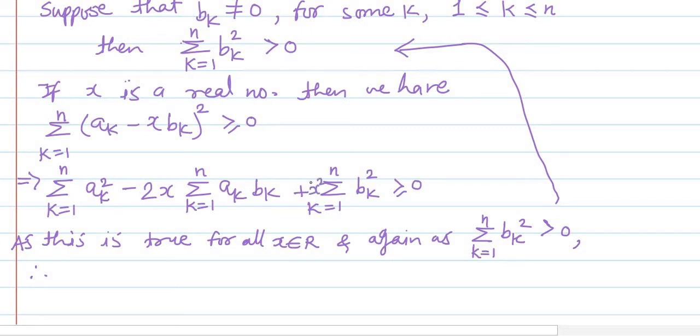So as this is greater than or equal to 0 with the summation of bk square greater than 0, the discriminant of the quadratic in x will be non-positive.